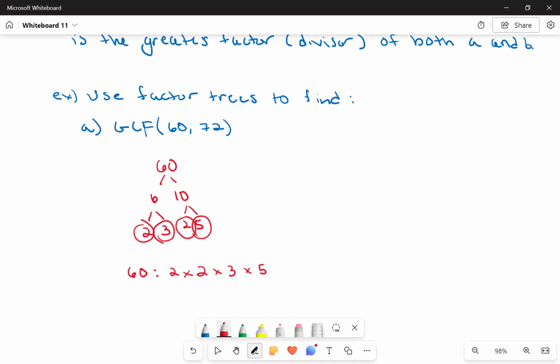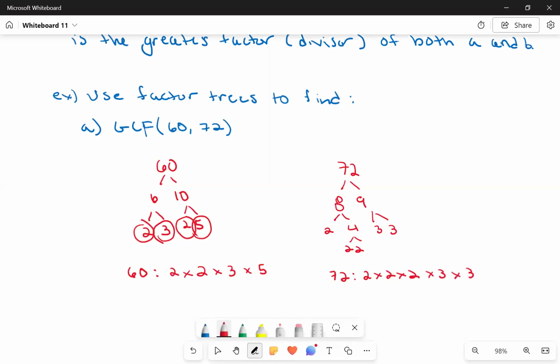And then for 72, 8 and 9 give me 72. 8 is 2 times 4. 4 is 2 times 2. 9 is 3 times 3. Okay, so 72 is 3 twos, 2 times 2 times 2, and then 2 threes.